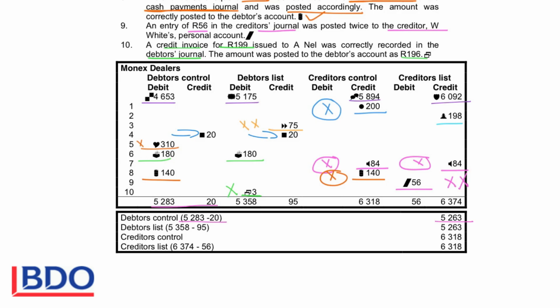In the debtor's list, we've got 5358 minus the 95, and it also gives me the 5263. In the creditor's control, we only have a figure of 6318. In the creditor's list, it is 6374 minus the 56, and it will then also give me 6318. So if I look at this, I can see that I corrected all the mistakes that I know of because they are equal.